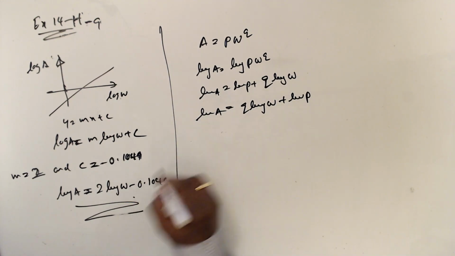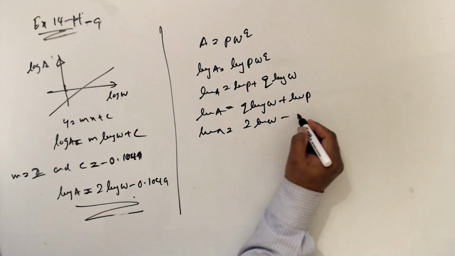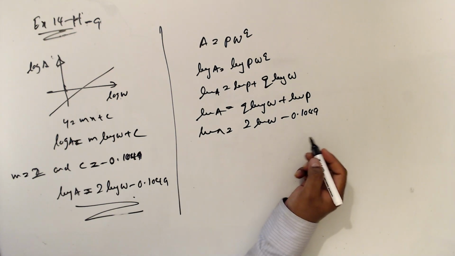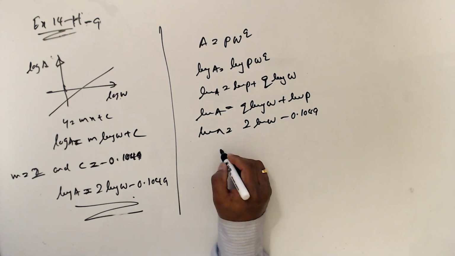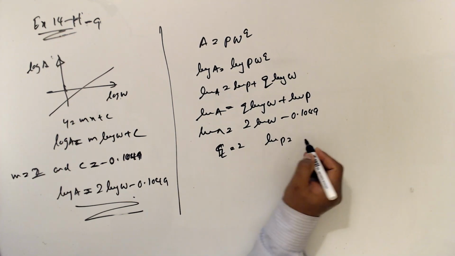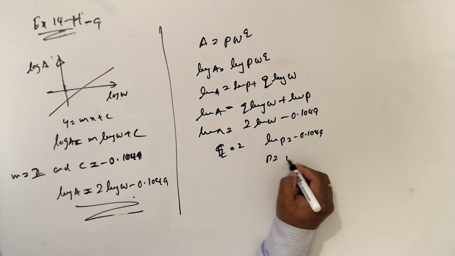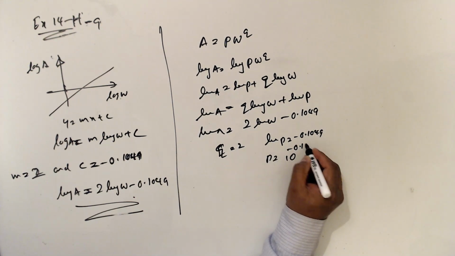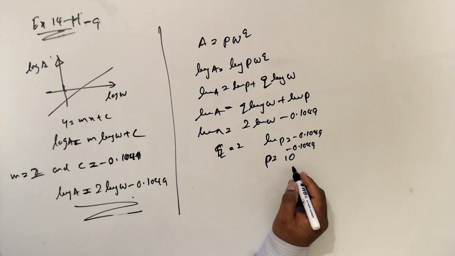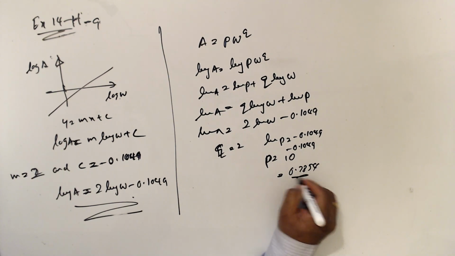This is equal to this one, log a equal 2 log w minus 0.1049. So q equal 2 and log p equal minus 0.1049, p equal 10 to the power minus 0.1049. This is 0.7854.